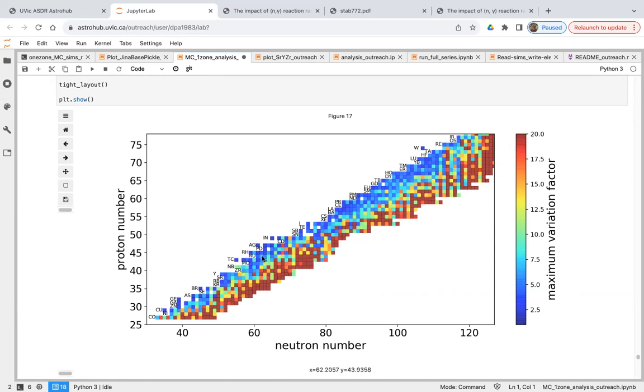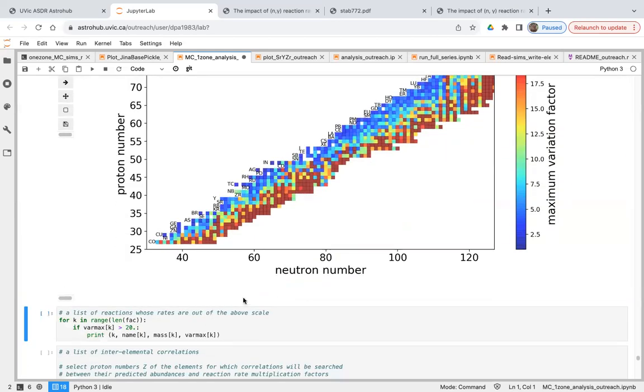And of course, as you can see, the color goes from bluish to brownish when we go from the region adjacent to the valley of stability, from left, to unstable isotopes with larger neutron numbers, as expected, because their rates become less and less certain.